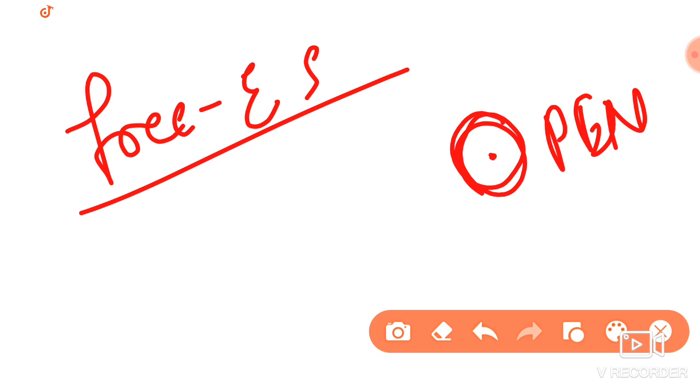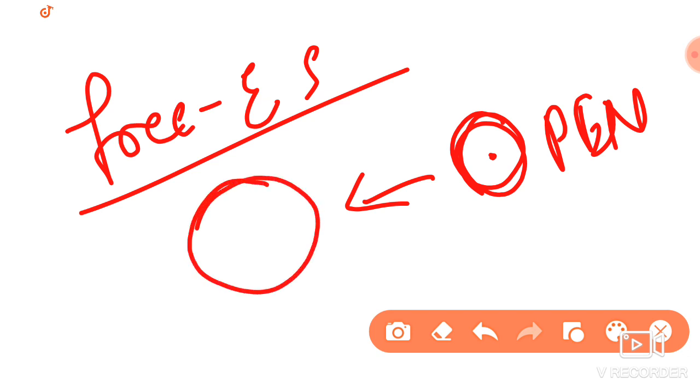In nuclear endosperm, what happens? There is a division of the nucleus, not the cell. Please remember, there is a division of the nucleus. For example, this is the primary endosperm nucleus. The nucleus present in the middle is going to be divided. The nuclei present here are free.